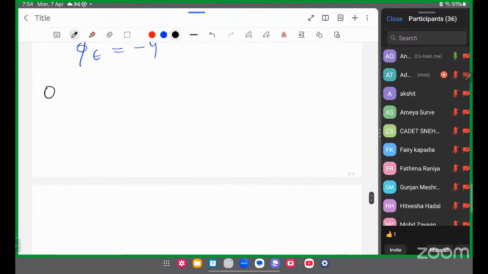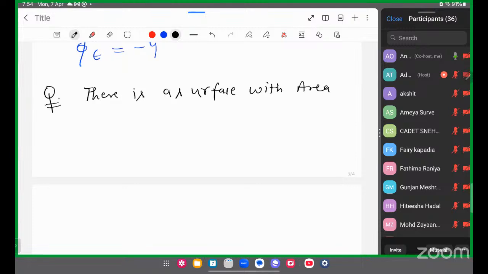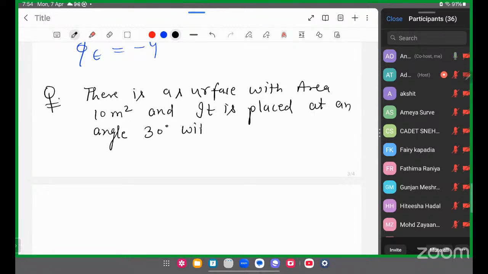Now, second type of question will be in terms of magnitude. Let's say there is a surface with area 10 meter square, and it is placed at an angle of 30 degree with electric field E of magnitude, let's say magnitude is 10 unit, of magnitude 10 Newton per Coulomb.